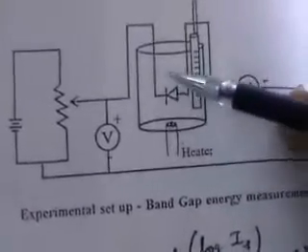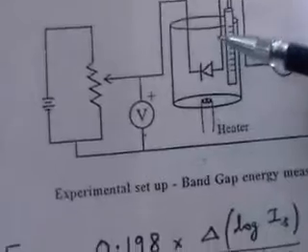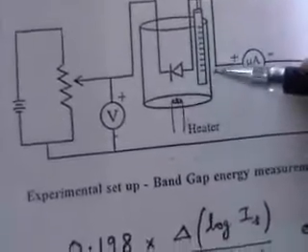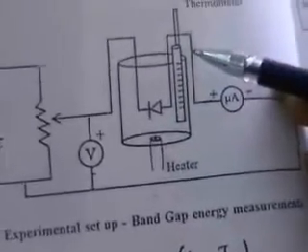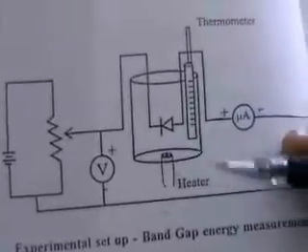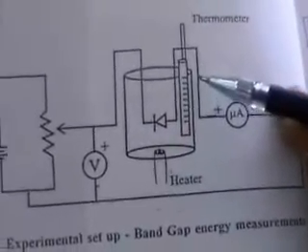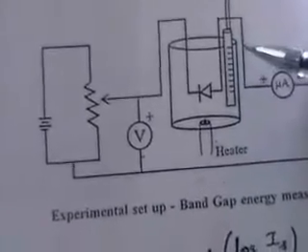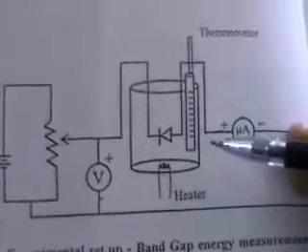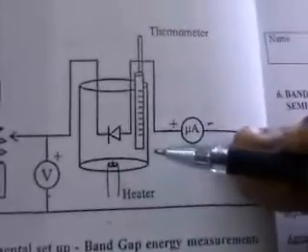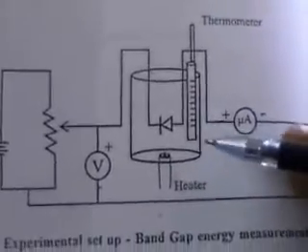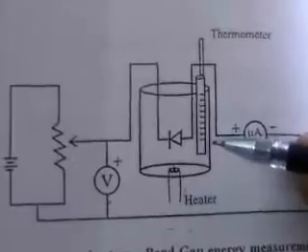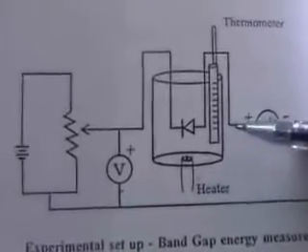So we immerse the reverse bias diode inside a heater so that we can heat the diode. As we increase the temperature of the diode, the reverse saturation current also will increase. By studying this characteristic, we can relate the band gap of the semiconductor with the saturation current.